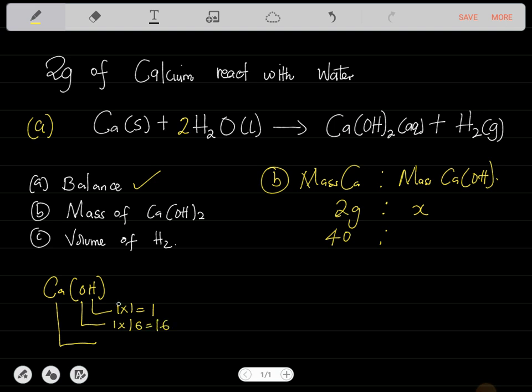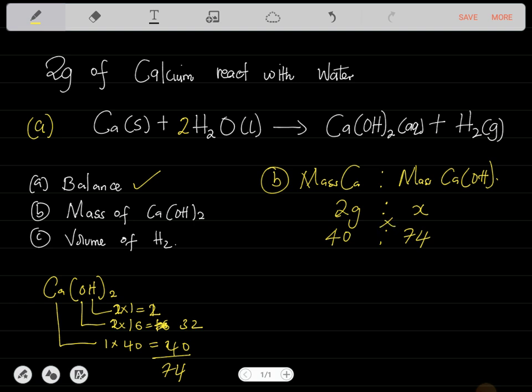You might wonder, why am I getting these ones here? Well, how many of each are there? Oh, there's a 2 here, so we multiply this one by 2. So there are 2, and here there are 2. Guys, there's a 2 outside. So this gives us 2, and this one gives us 32. So calcium is just 1. The mass number for calcium is 40. So it gives us 40. Then we add these. So 32 plus 2 plus 40, 74. So we put 74 there.